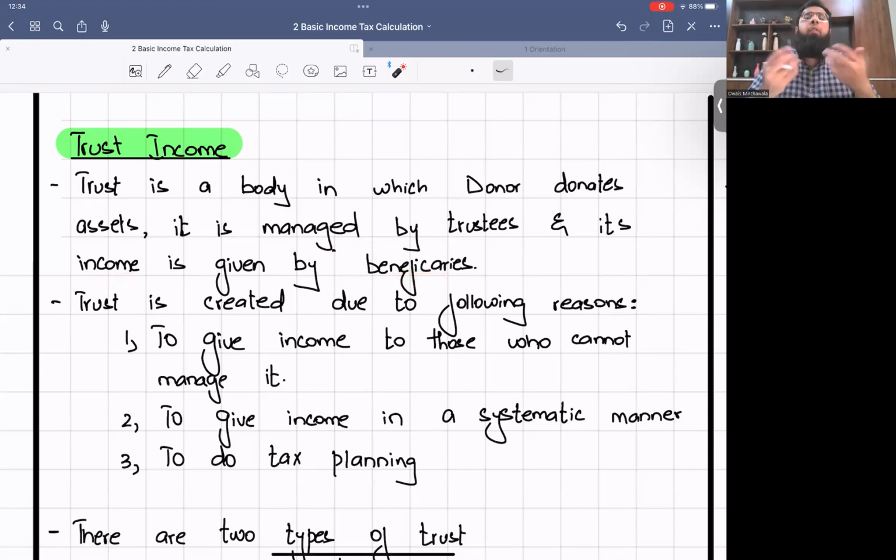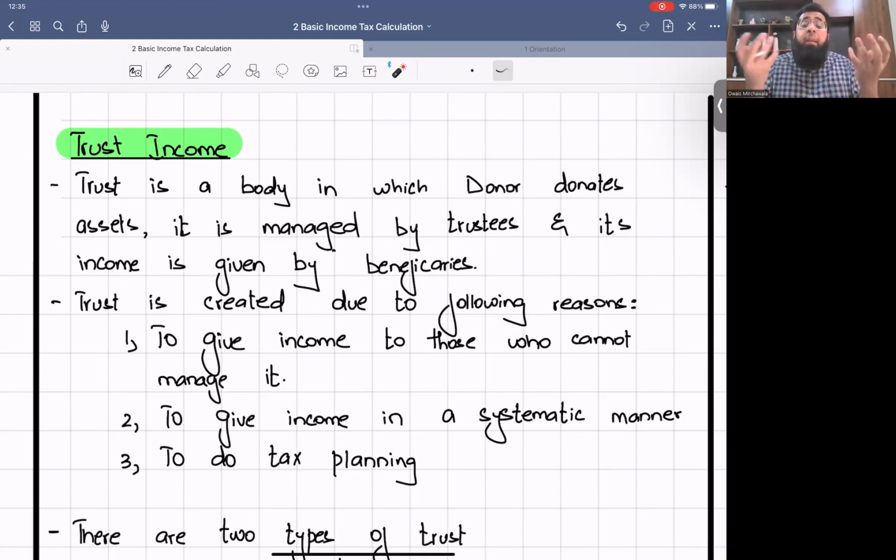Okay, sir, why not make a company and make those beneficiaries shareholders? See, the problem is that these beneficiaries are young or immature and unable to manage the trust. If I make them shareholders, they will have to get involved in some element of decision making. Shareholders also have to take some decisions in the general meeting.